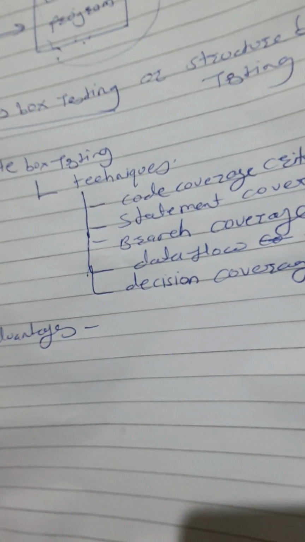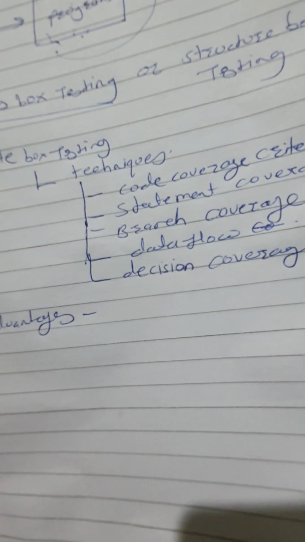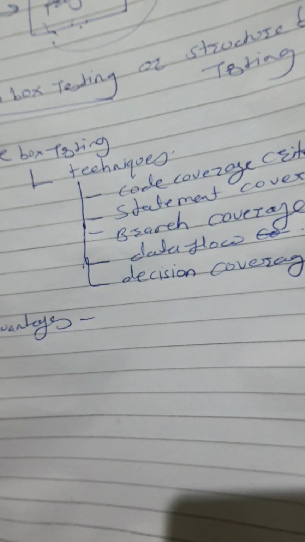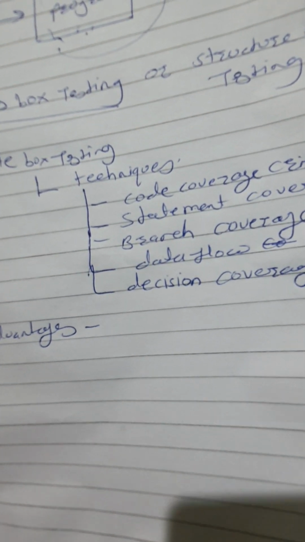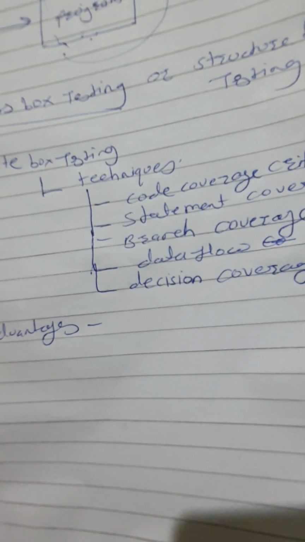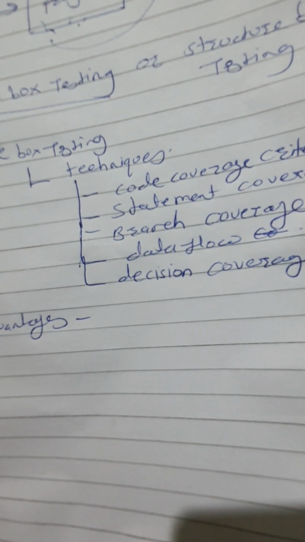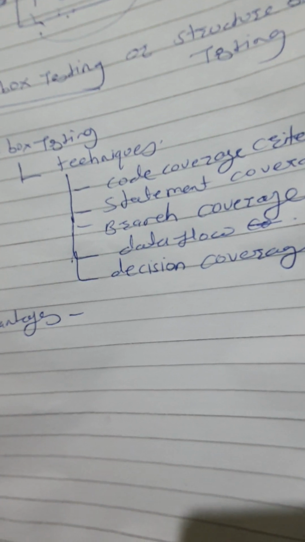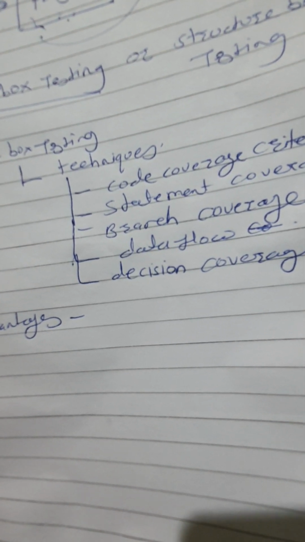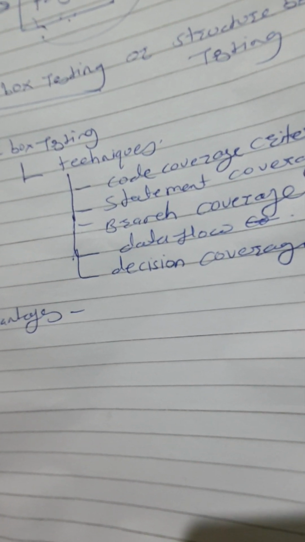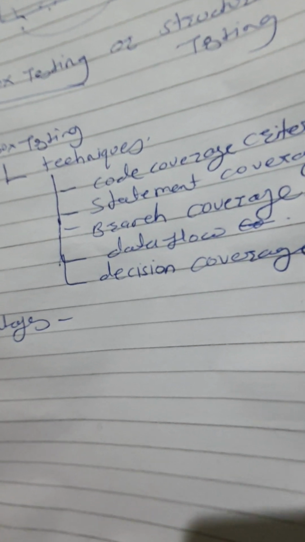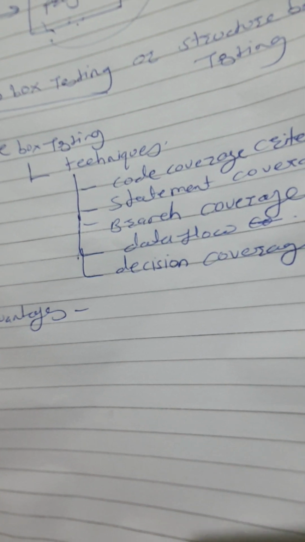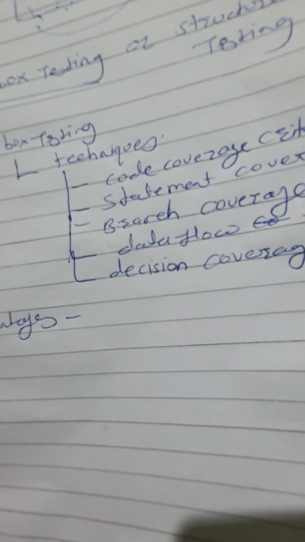Second advantage, it helps remove extra lines of code which can bring in hidden defects. If there are extra lines of code in your software, they may cause various defects in your system. So white box testing helps to remove extra lines of code.